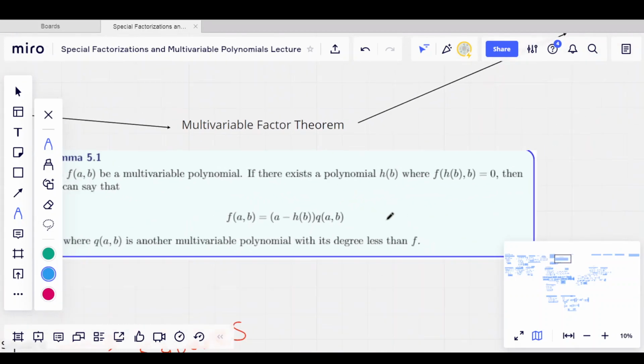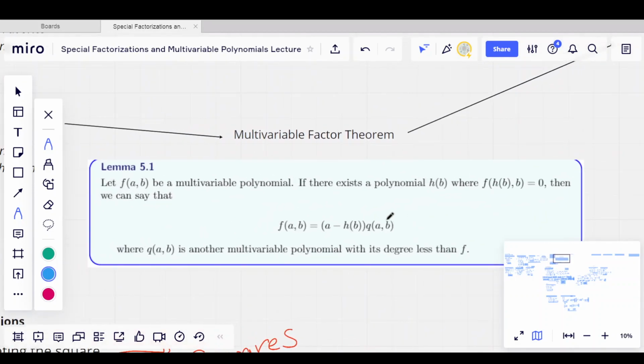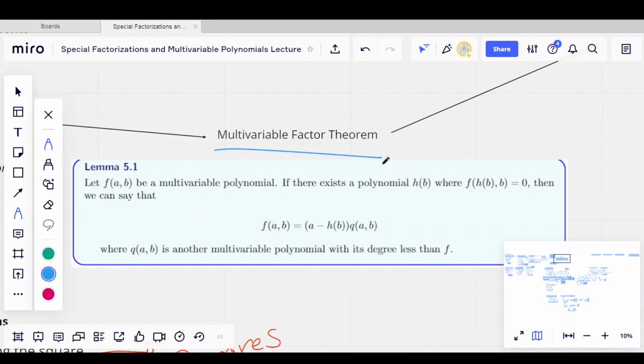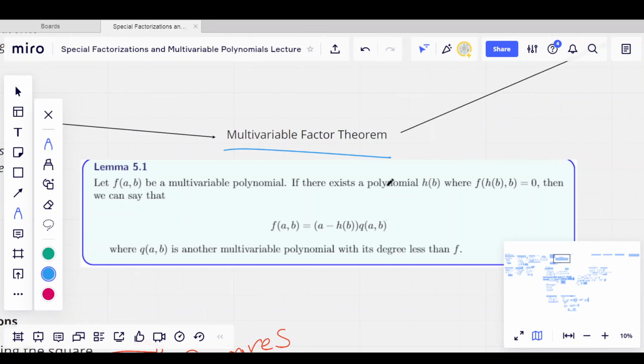So the last thing is not really special factorizations. Again, I know the name, I named it like that, but this is actually a very useful strategy. Okay? So, let f of a be.